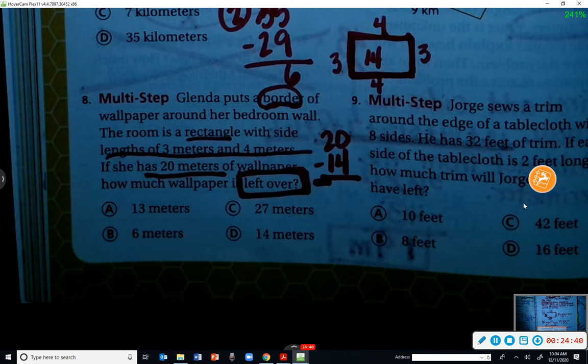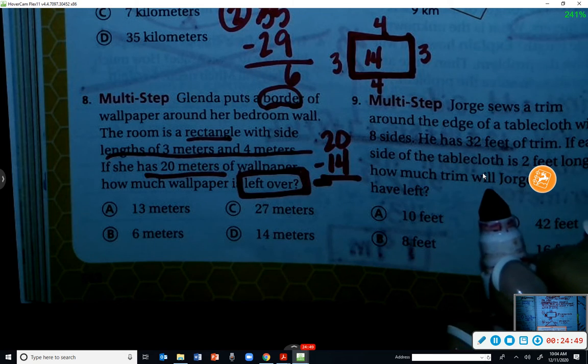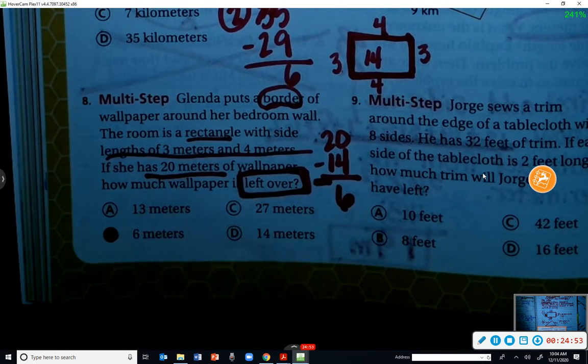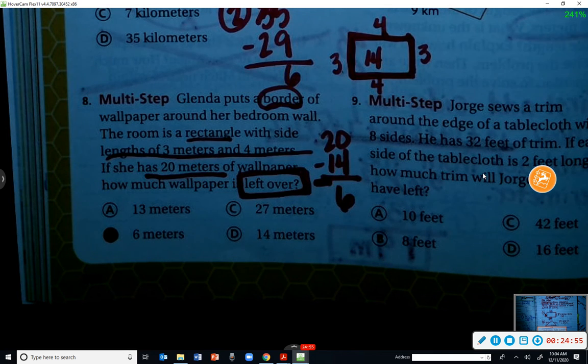That should be mental math. What is it? 6. You need to pay attention. B is 6. So 6 would be B.